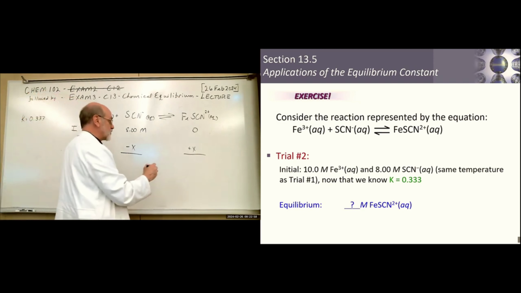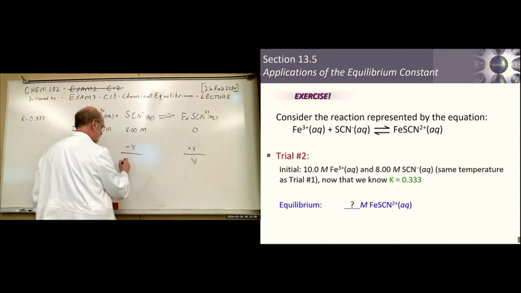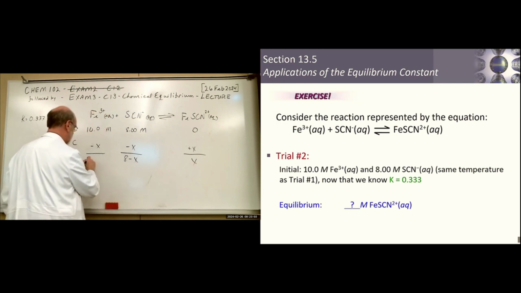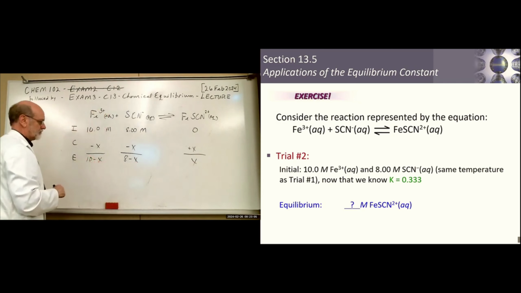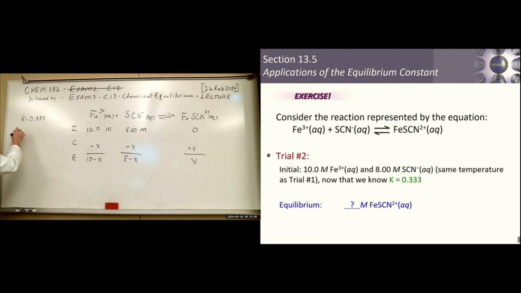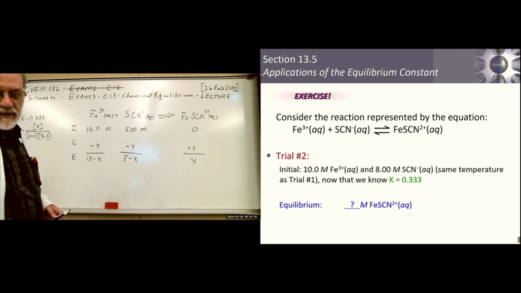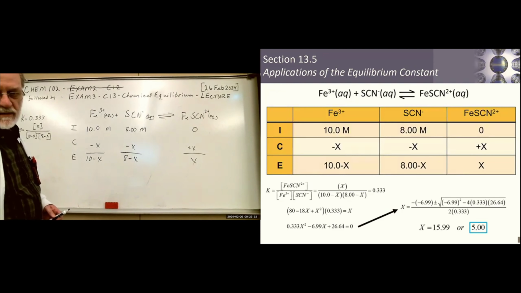So that means we have an X here, an 8 minus X here, and a 10 minus X there. So if we set up our equation, K is equal to that X in the numerator, and in the denominator we have 10 minus X and 8 minus X. Now we solve for X. Let's see, we've got it set up on the next slide, maybe.